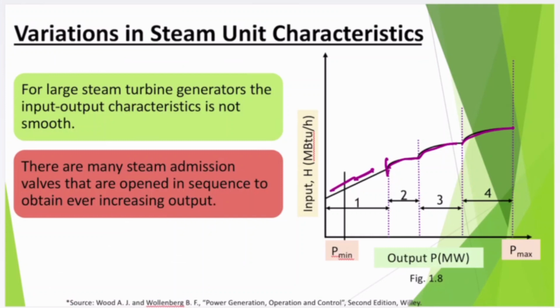The reason for this oscillation or variation at the different zones 1, 2, 3, 4 is probably that a chain of valves operate at different time intervals.